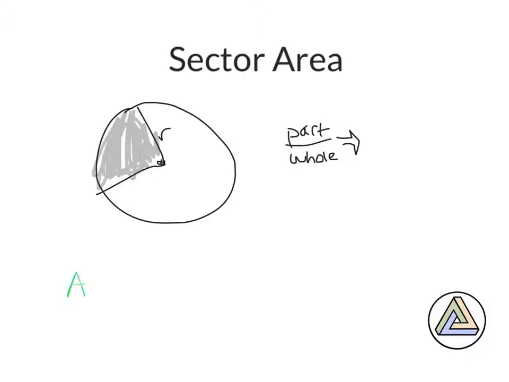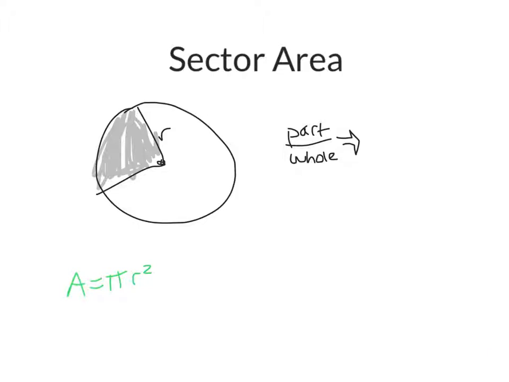Area of a circle is pi r squared. That's something you also do not have to memorize because it's given in the beginning of the section. That's part of that chart that I showed you in the beginning. So this is a part of the area of the circle, and then there's the whole area of the circle. So that is going to be sector area.